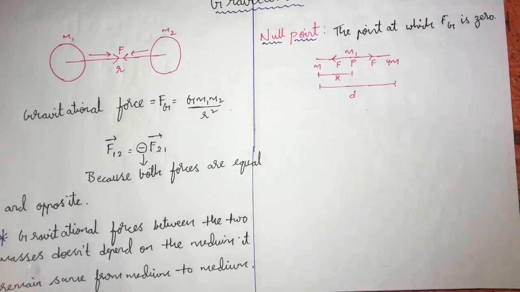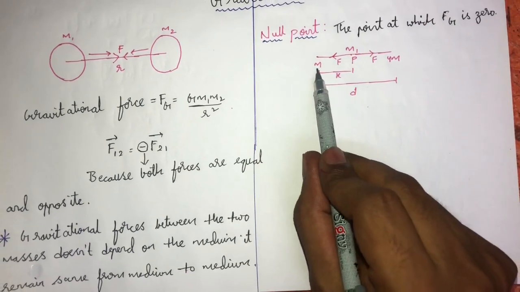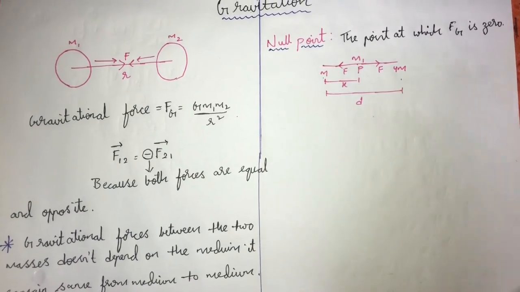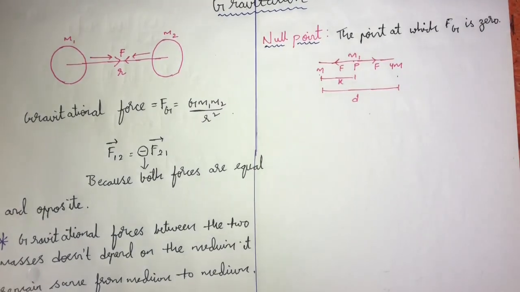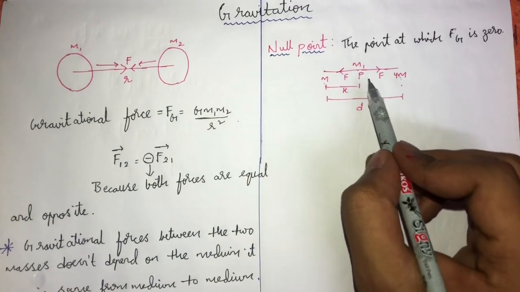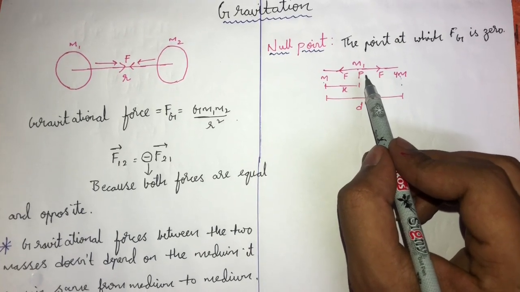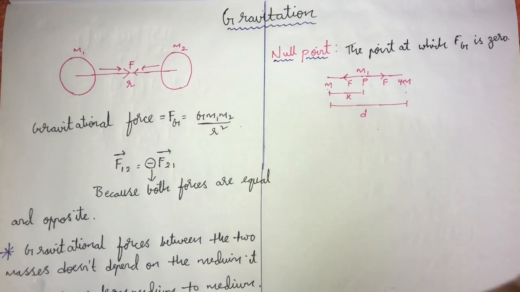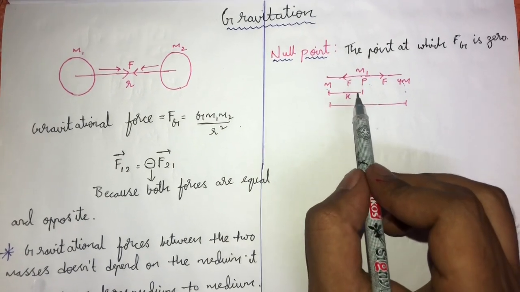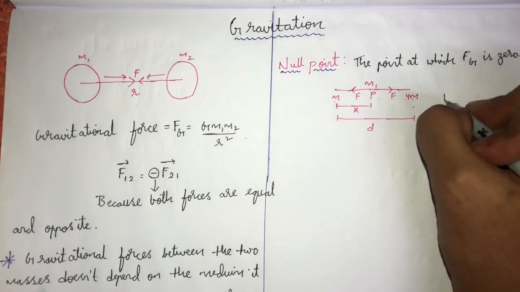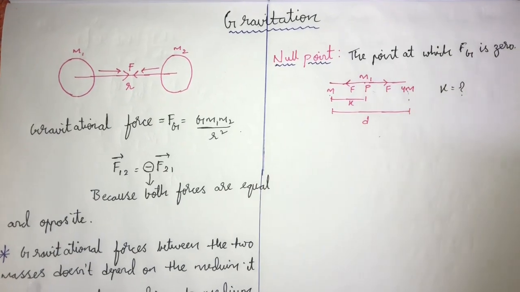Here two masses m and 4m, and the null point will always be between the two masses. Here at the null point a mass m dash is taken. So what will be the distance of the null point from mass m? That is, they asked us to find the value of x. x is equal to how much?